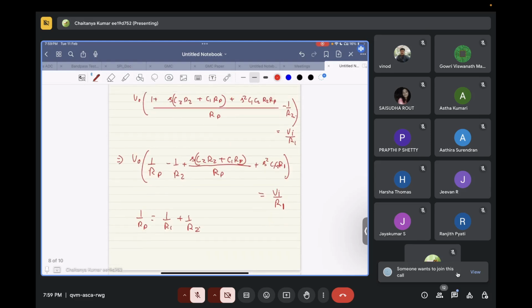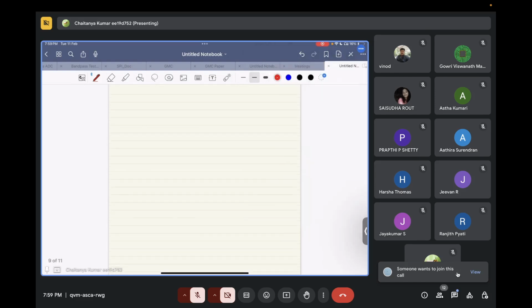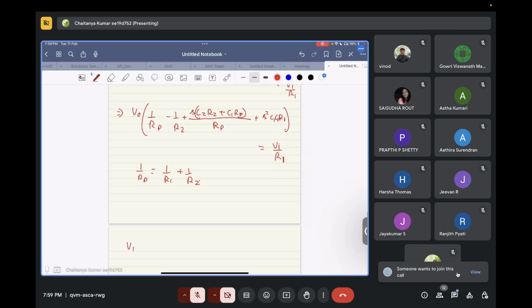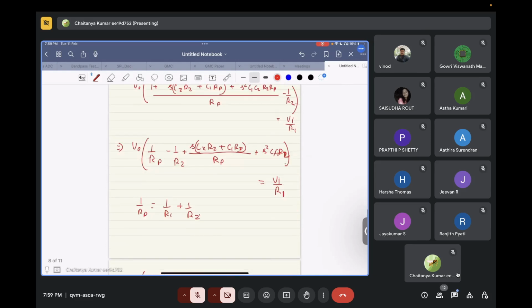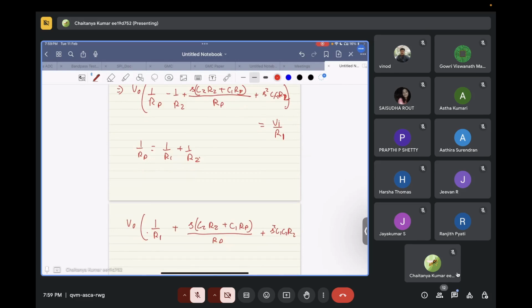So what we have over here is V0 times (1 by R1 plus s(C2R2 plus C1RP) by RP plus s squared C1C2R2) is equal to Vi by R1.